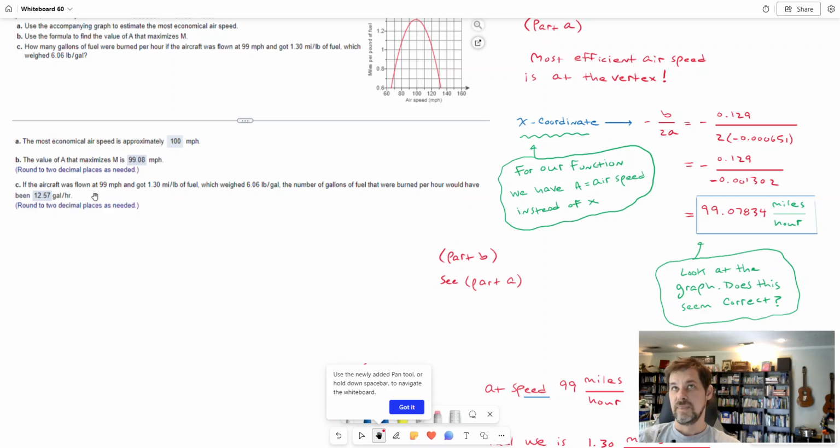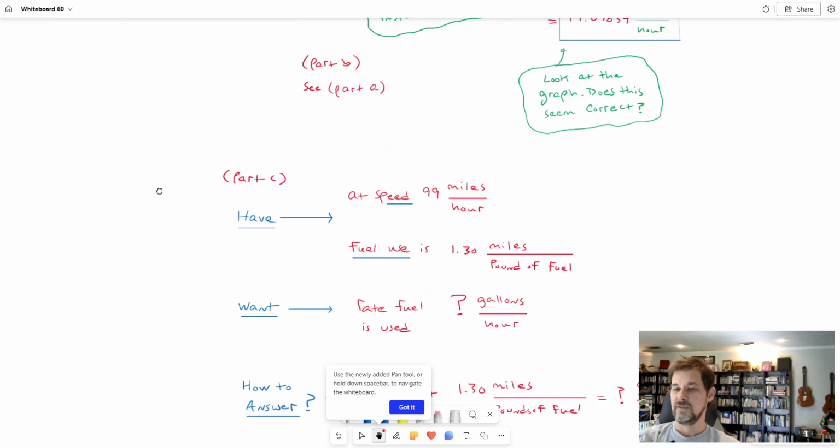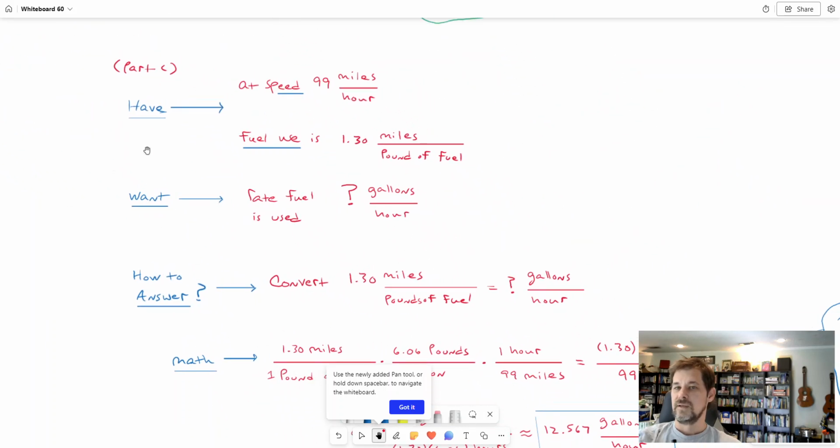So what that comes down to is I'm converting between a lot of different measurements. Now I'm going to pan away from this, and I'm going to show you how I would conceive of this question. So I have that the speed is 99 miles per hour. And at that speed, the fuel use is 1.3 miles per pound of fuel.